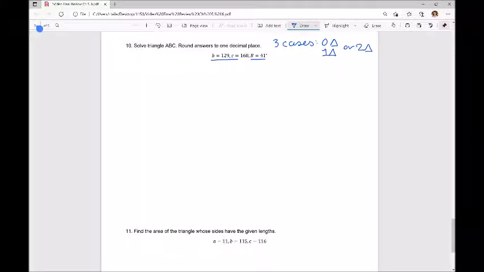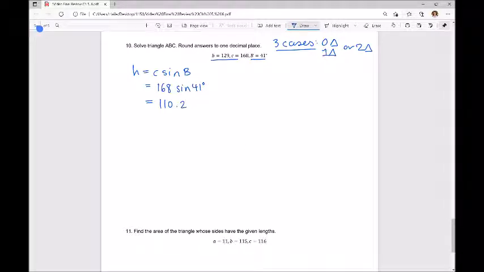So before you even solve the problem, the first thing we need to do is see how many triangles are actually made by these two sides and the angle. So the way we do this is we check the height of the triangle. In this case, h is equal to c sine of b, which is 168 sine of 41 degrees, which comes out to be about 110.2.